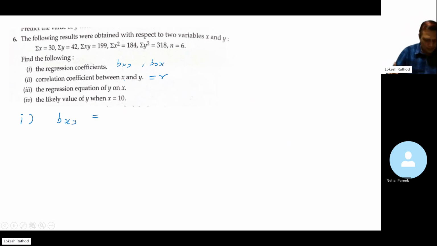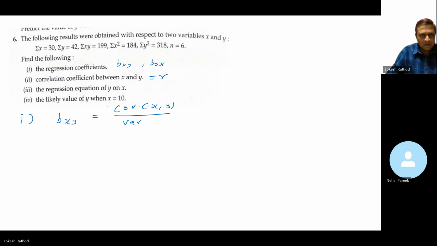Bxy, what is the formula? That's what I'm asking. Covariance of x and y over variance of y. When you find bxy, the denominator is variance of y. When you find byx, the denominator is variance of x. Correct?